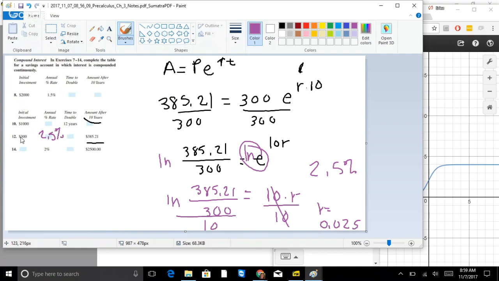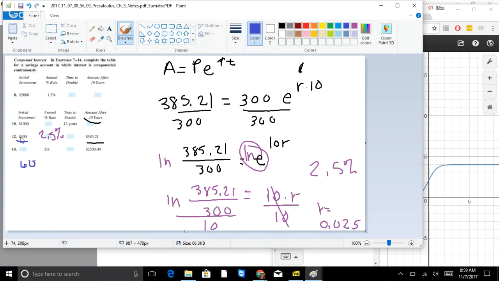Okay. And then if I wanted to complete number 12 and find the time to double, how long is it going to take my money to double? Well, now I know my rate, and I'm trying to figure out my time, right? So I want to know how long it is going to take my $300 to go to $600. That's doubling it.